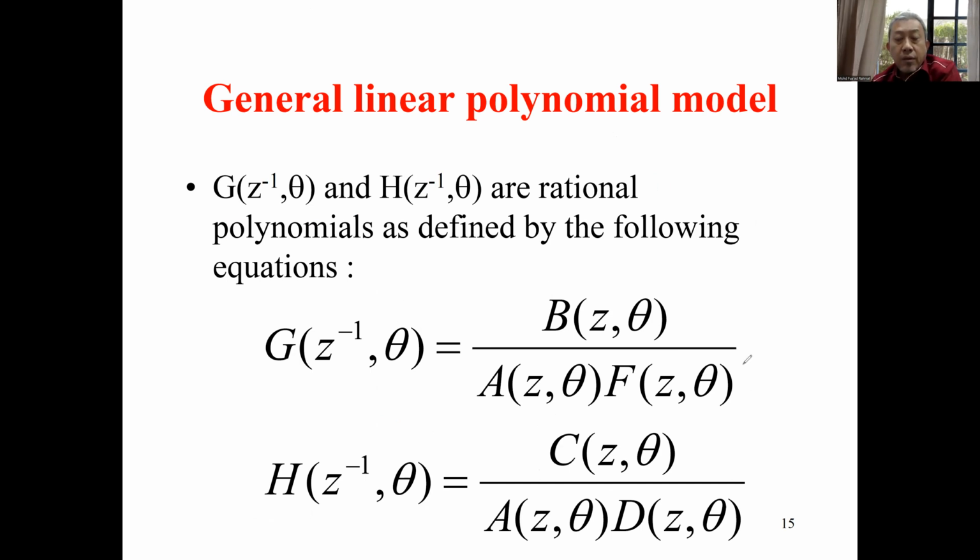G is equal to B divided by AF. So B, A, and F are polynomials. H is equal to C divided by A multiplied by D. So A, B, C, D are polynomials, and F as well.